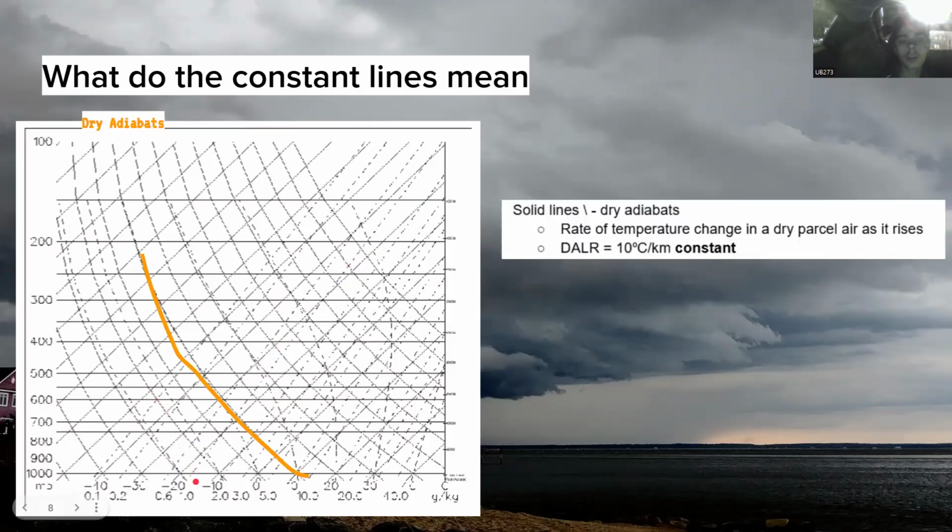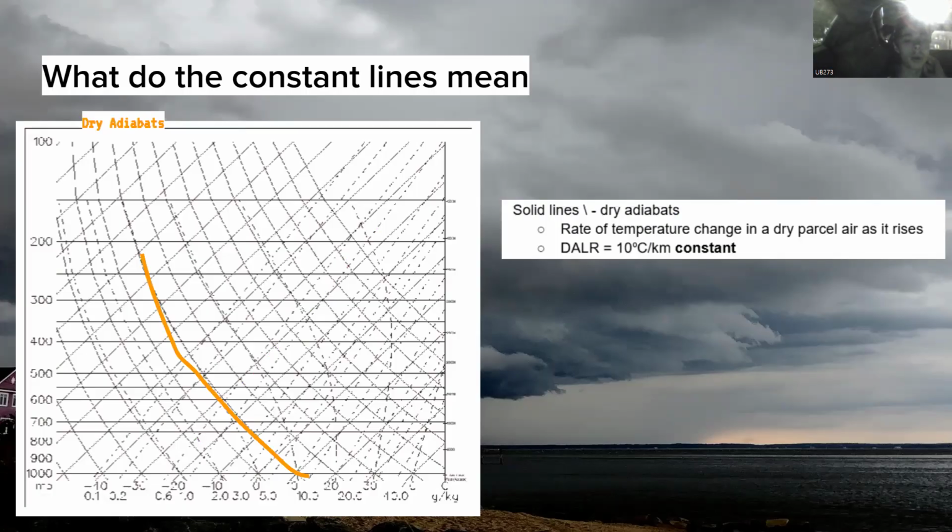Now, there are other lines that run the other direction from the top left to the bottom right. There are solid and dashed lines in that case too. The solid ones that are going that way are the dry adiabats. And basically what that means is it's just telling us the rate of temperature change as a dry parcel of air rises.